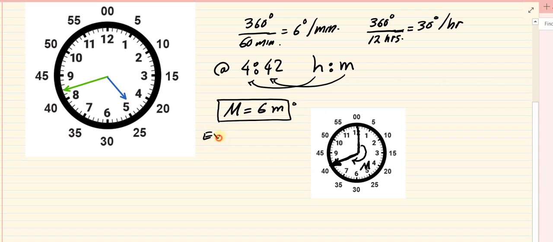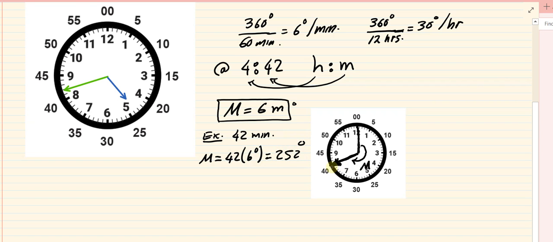To give you an example, let's say at 42 minutes past the hour, the measure of the angle that is traveled by the minute hand is 42 times 6 degrees per minute, so it has traveled 252 degrees. So that's what this number is going to be.